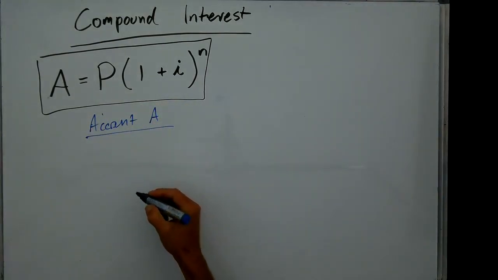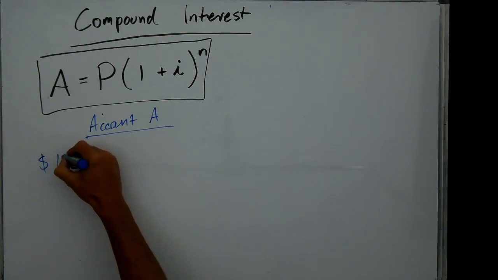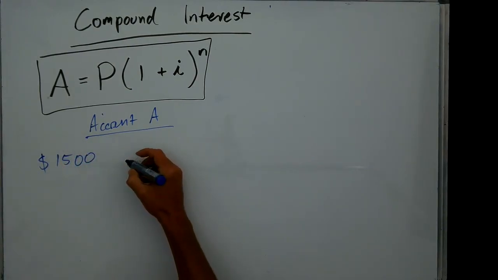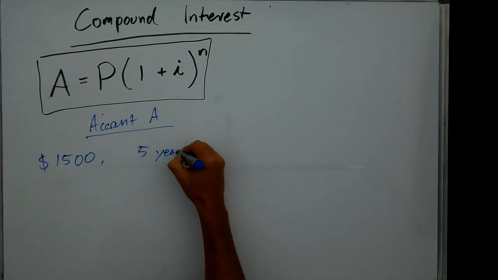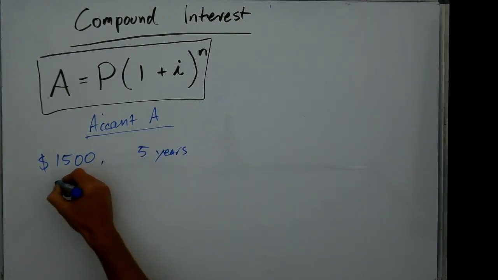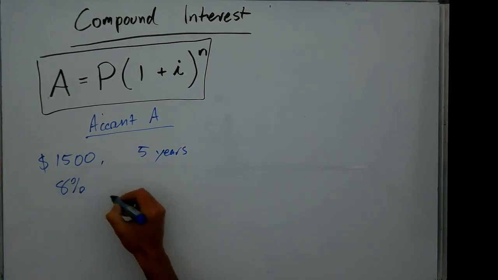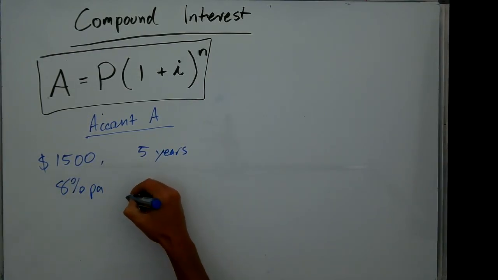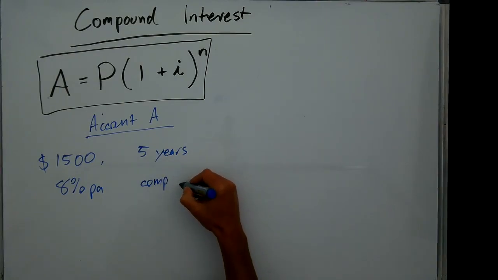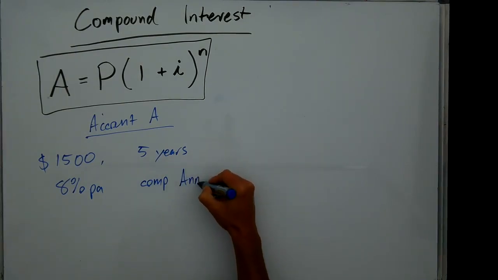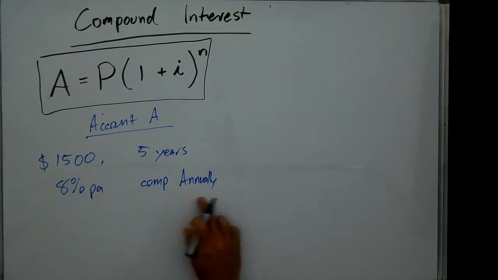A, we've got $1,500 invested for 5 years, 8% interest per annum, compounds annually. So that's just once per year.